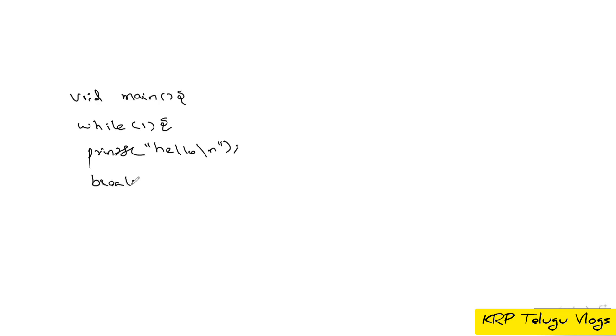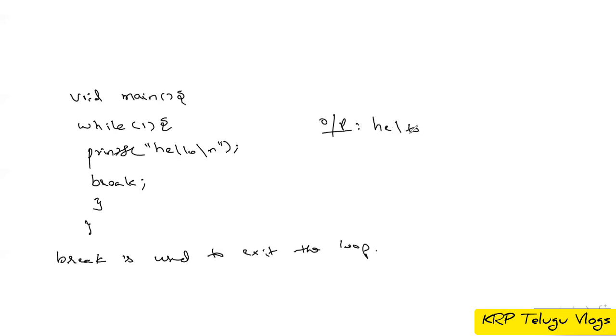We have to give break inside the loop. What will break do? It is used to exit the loop. Note this: break is used to exit the loop. So the output will be just hello. Hello will be printed only once.